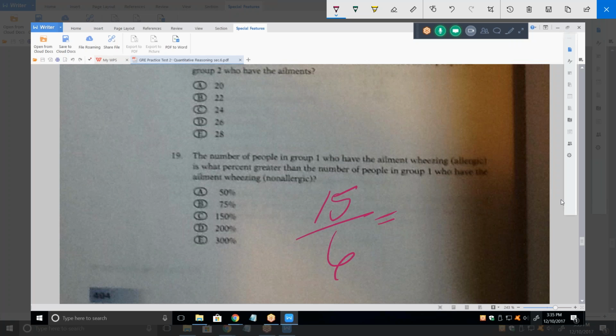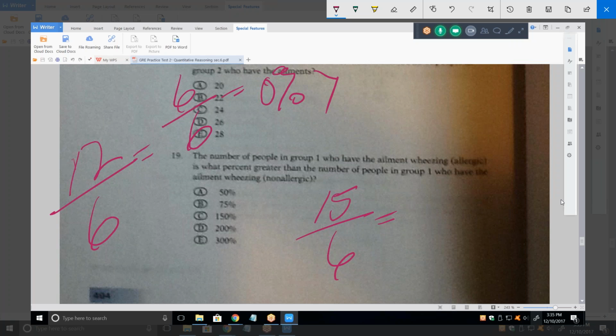Oh, percent would be 200, right? It would be 100% greater. It's a little tricky. If I had 12 to 6, that would be 100% greater. If I had 6 to 6, that would be 0% greater. In other words, it's not greater.